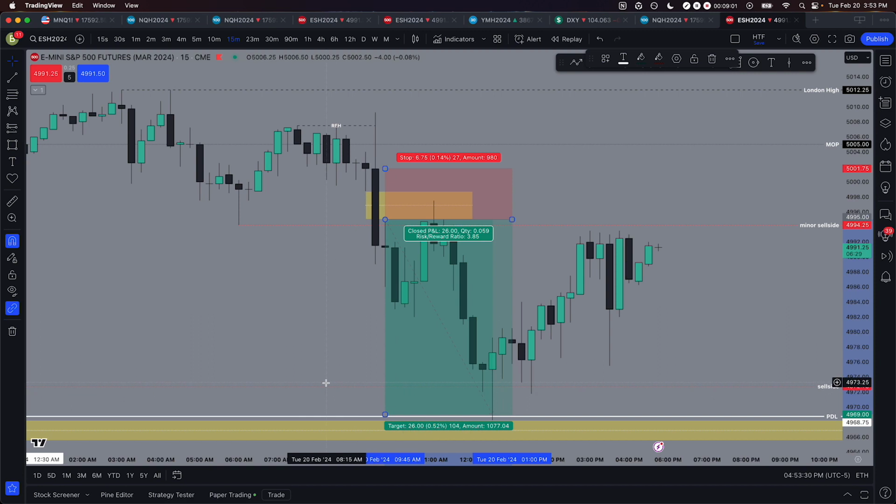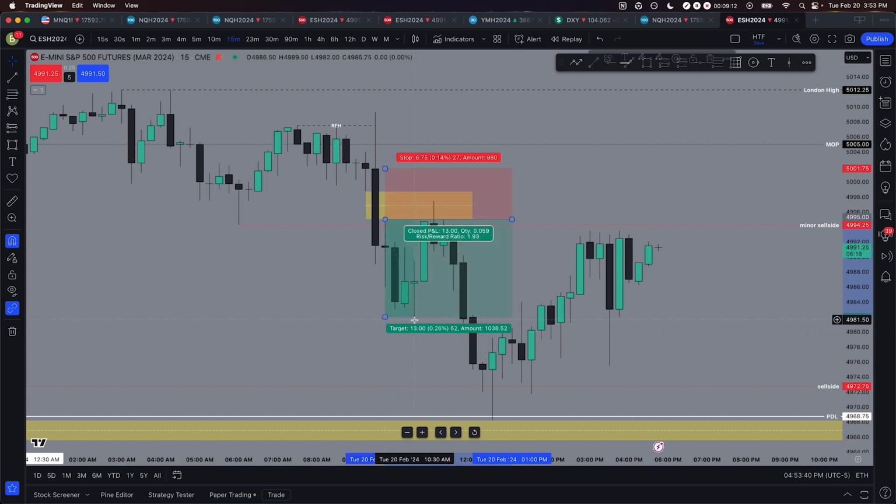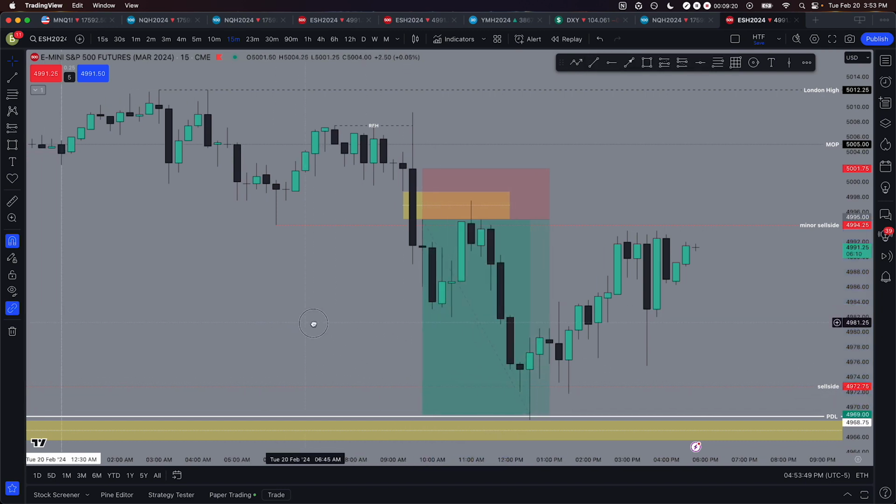That's a 3.85R. 26 handles on the S&P is incredibly good. Even if I just went for this target, 20 handles would have been great. Even if I just went down to retake this low, took a partial here, TP1, TP2, TP3, that would have been a beautiful trade on the S&P.